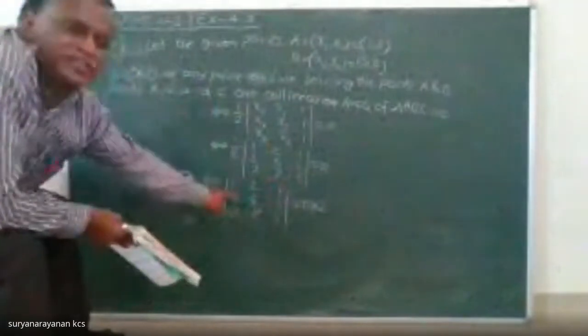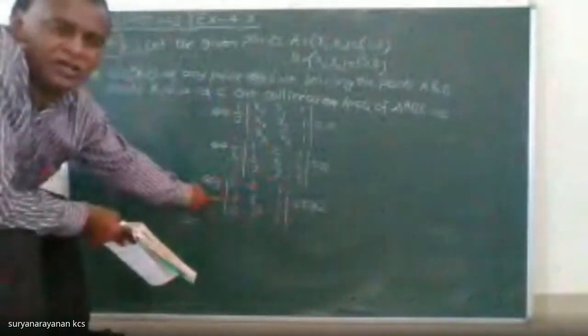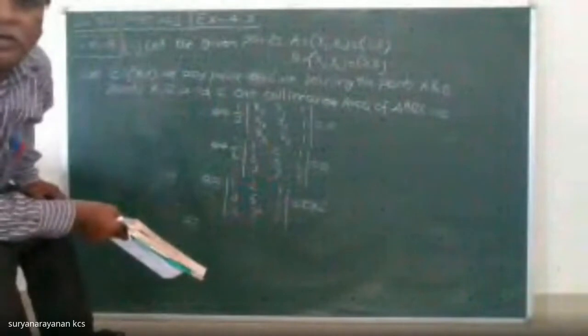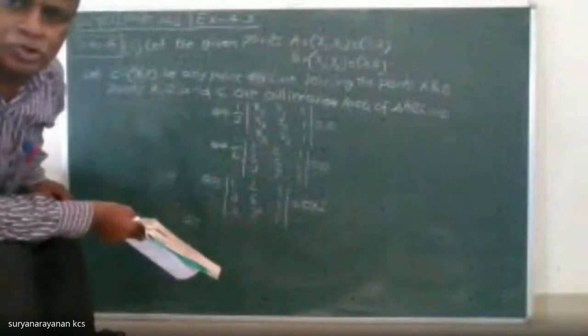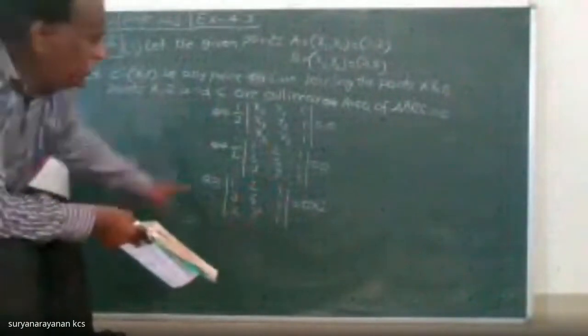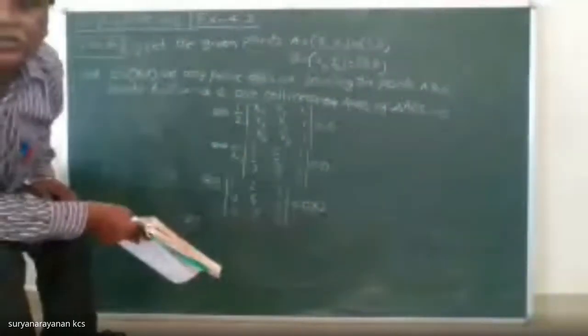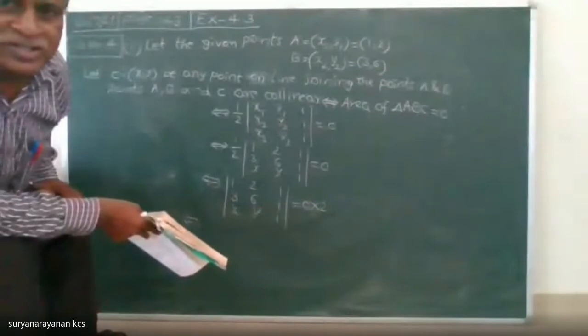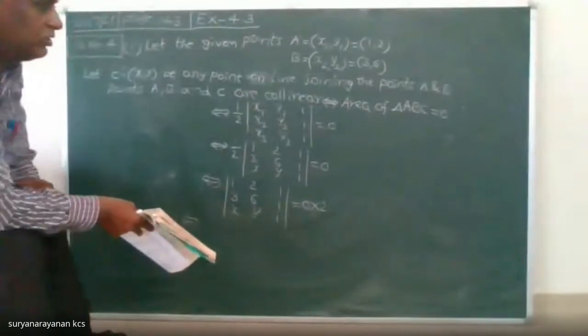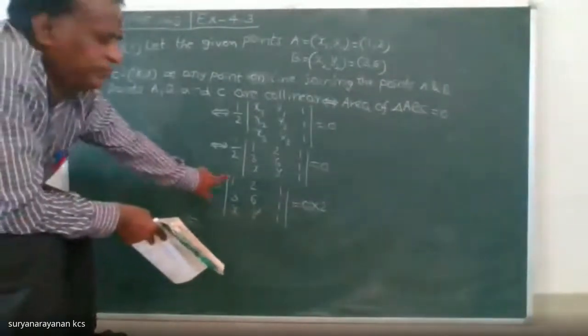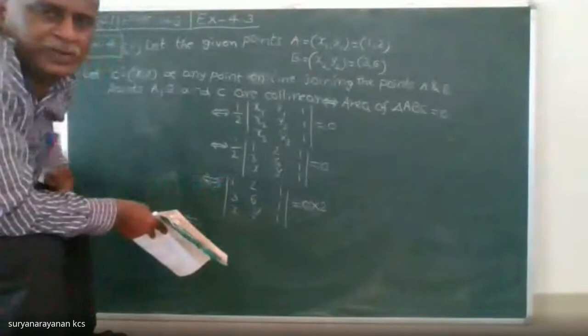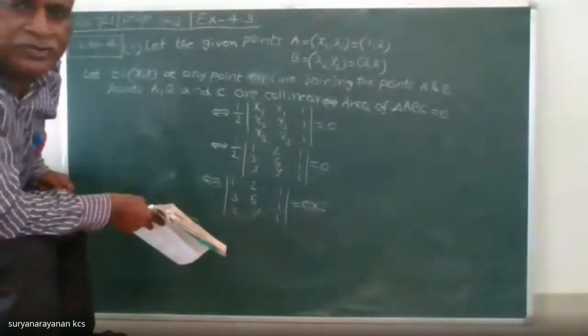This implies, on the LHS, expand this determinant along R1 or R2 or R3 or C1 or C2 or C3. You can choose. The choice is yours. So you are finding a determinant.